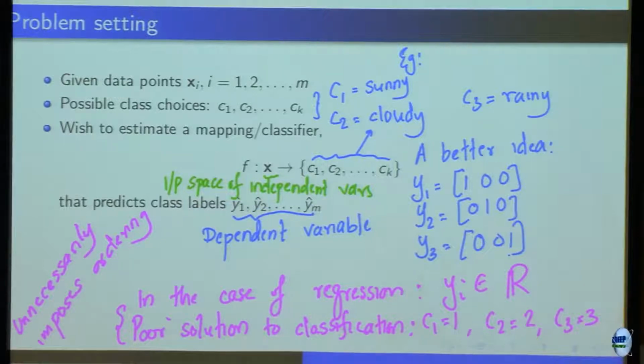Now there is no ordering here. However, then you need to develop more machinery. You can't say I have already learned regression, I am going to force it. No, you need to develop more models, methods by which you can do this kind of regression on vector valued outputs, right.